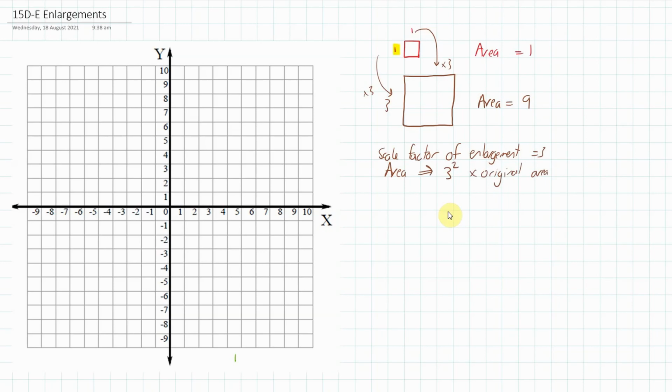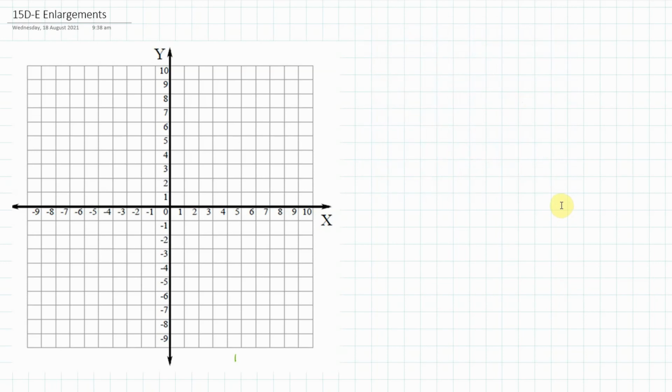So we times each length by the scale factor of enlargement, but in a 2D shape, you have 2 dimensions. So each of those dimensions must be multiplied by the scale factor of enlargement. So they're going to be both times by 3, which means that the area will be times 3 squared bigger. So that's a little bit of an introduction to how a scale factor of enlargement changes area.